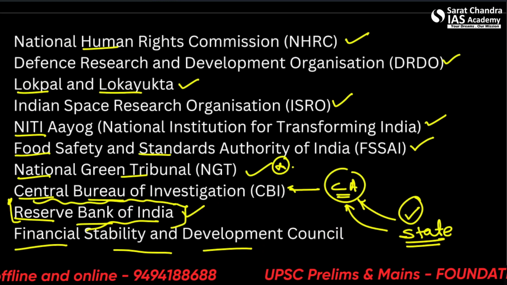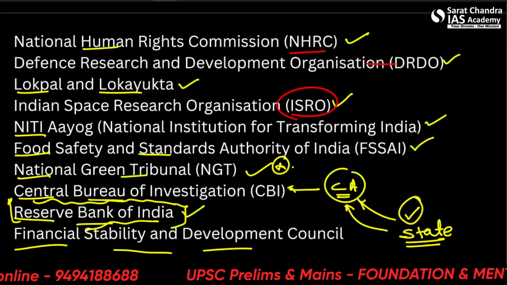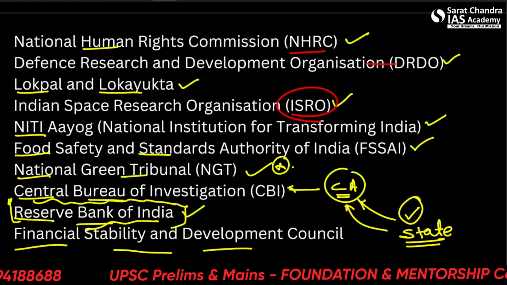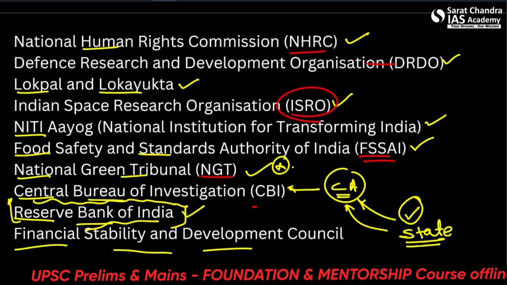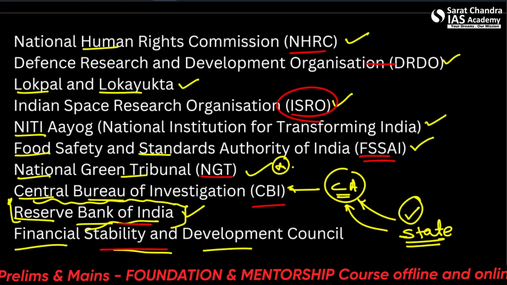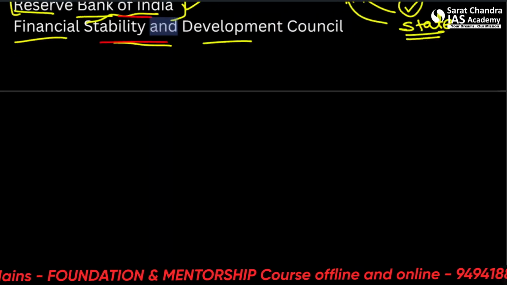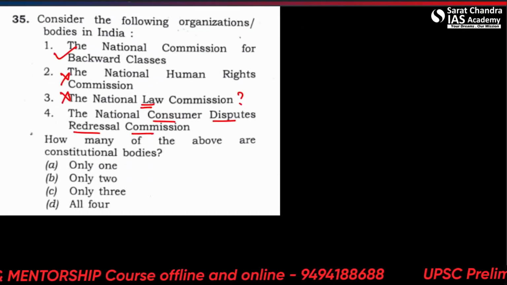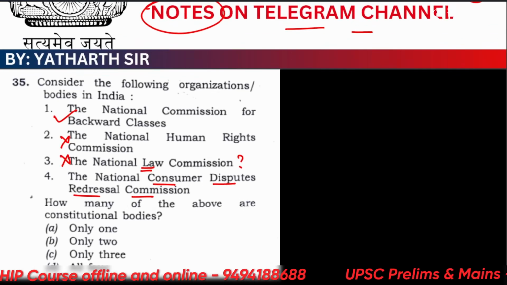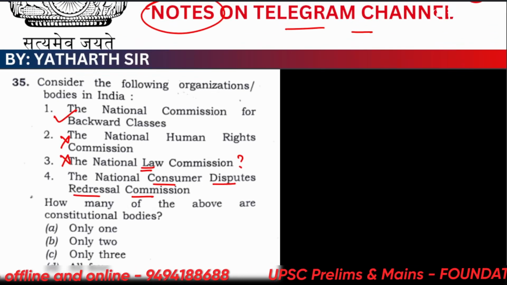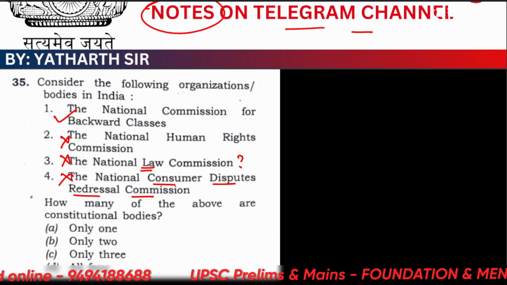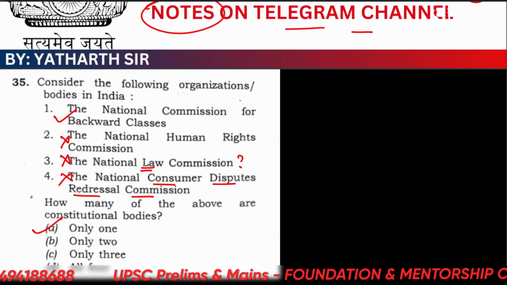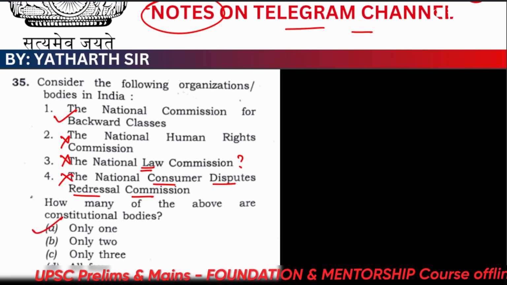Then we found the NHRC, DRDO, Lokayukta, ISRO, Transforming India, Food Safety, FSSAI, Green Tribunal, CBI, Reserve Bank and Financial Stability and Development Council. So we don't even find it in the non-constitutional bodies. Okay, so it's neither. So this also we can remove. So only one is the answer here. Okay, so the answer is only one of these bodies is a constitutional body.